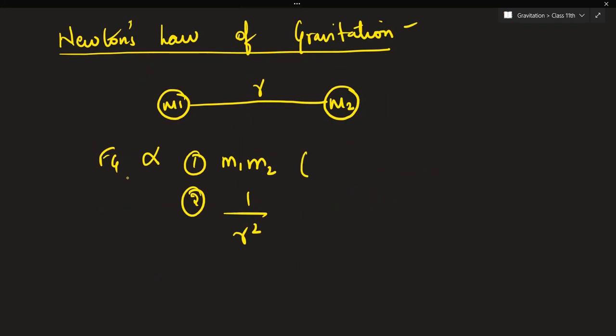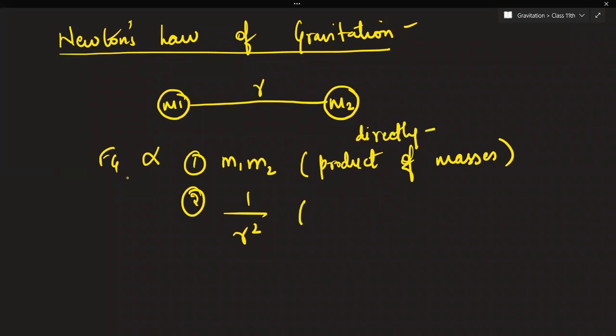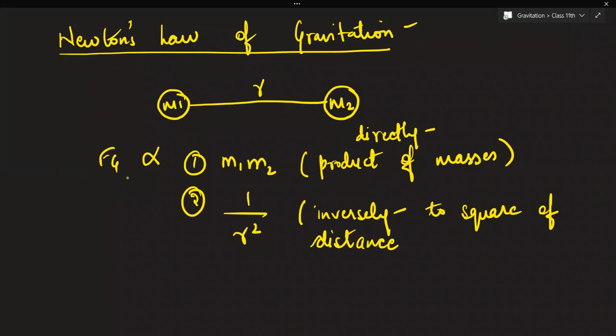Directly proportional to the product of masses, and inversely proportional to the square of distance between them.